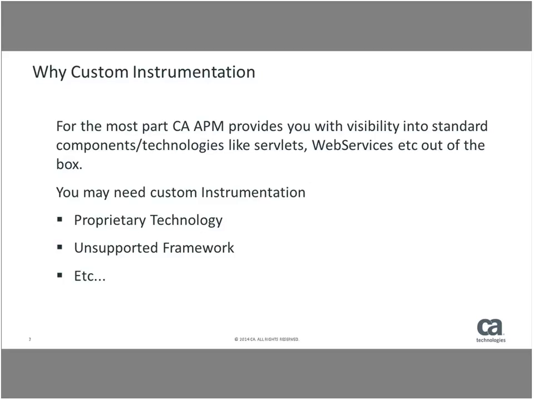But you could run into a situation where you have proprietary or sometimes unsupported frameworks. I remember a long time back, in a POC situation, one of the customers was using proprietary single sign-on. Because it was proprietary, we were not instrumenting it out of the box, so we had to do some custom instrumentation. Those are some situations where you would need custom instrumentation.